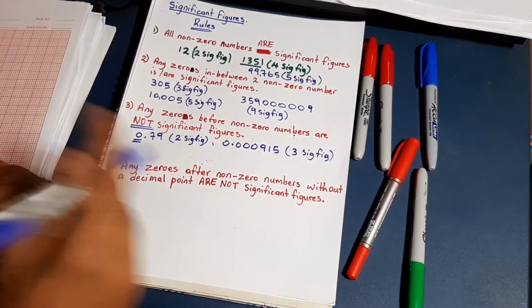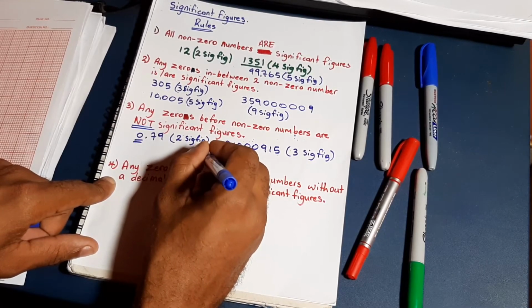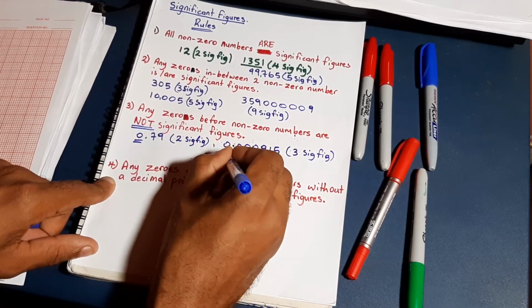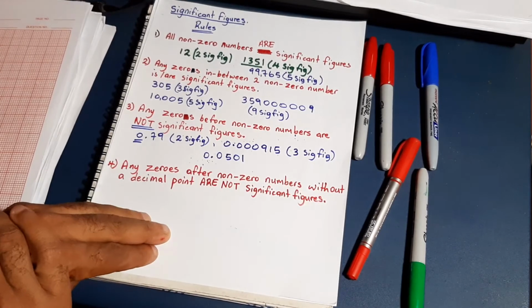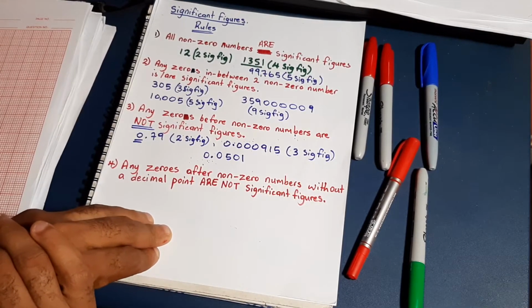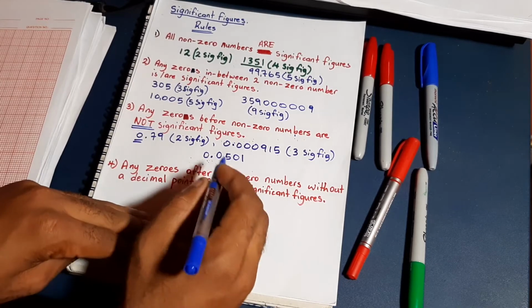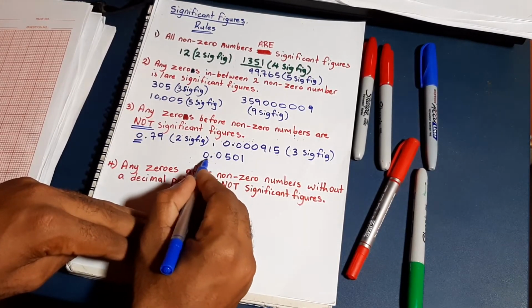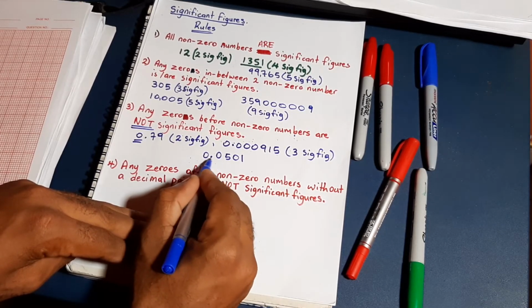So let's do another example. If we had 0.0501, for example, how many significant figures would this number represent? This number would represent 3 significant figures. Why? Remember, we would not consider the zeros at the beginning of this number to be significant figures.